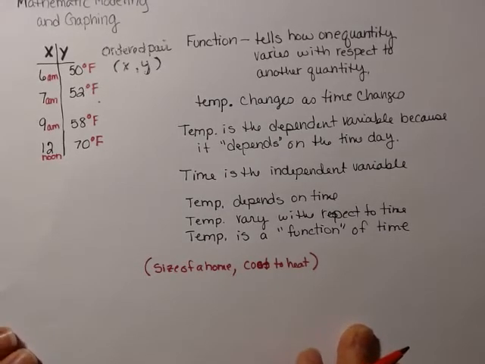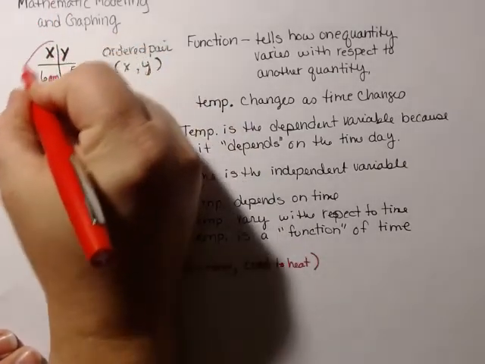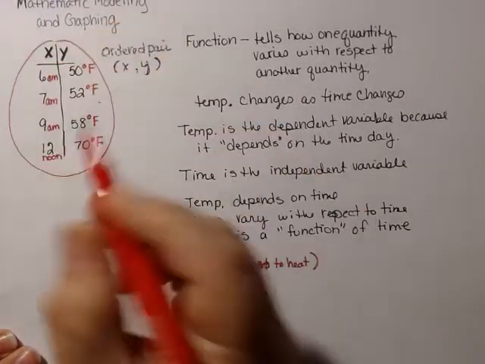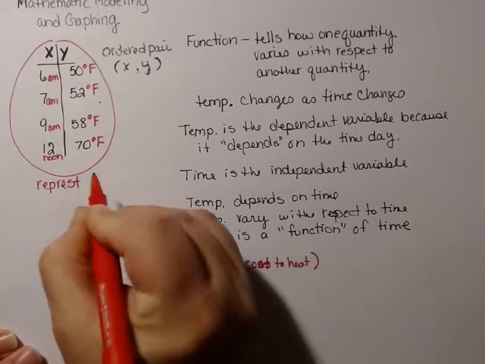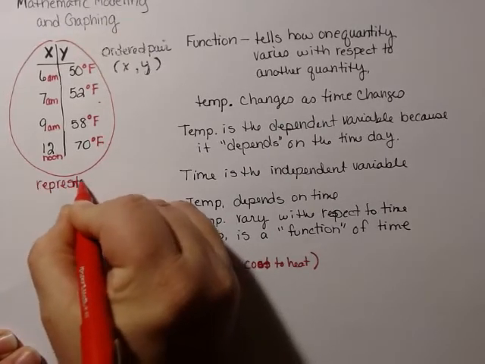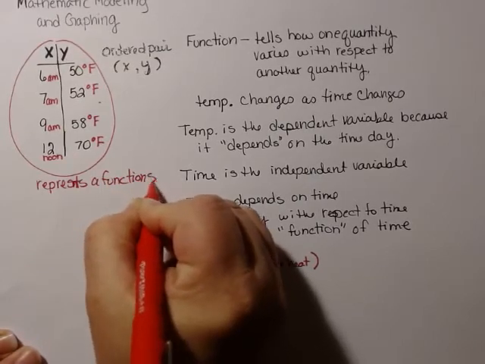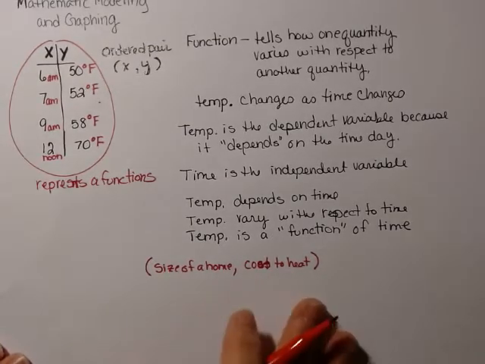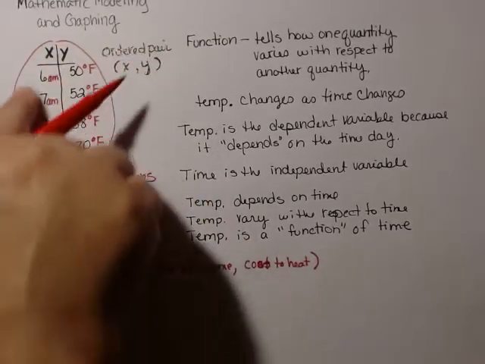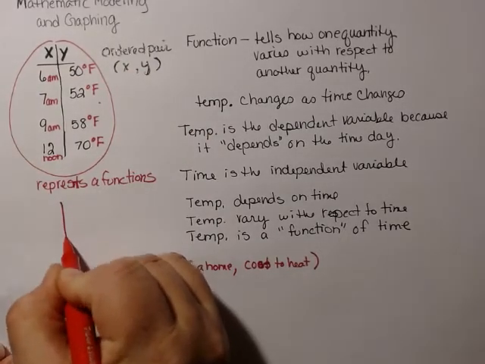So, some of the ways to represent a function is with this data table. Sorry, y'all. This is one way to represent a function. I can take this set of ordered pairs, and what can I do?